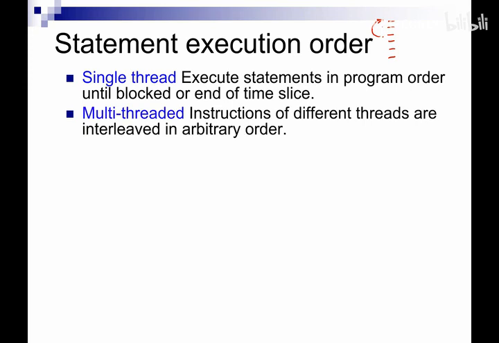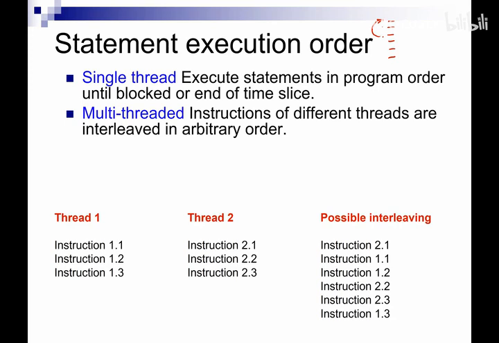Now when you have multiple threads, for example, here we have 2 threads. Each thread has a sequence of instructions that it wants to execute. But when you execute these 2 threads together, physically, these 2 instruction streams need to get interleaved somehow.